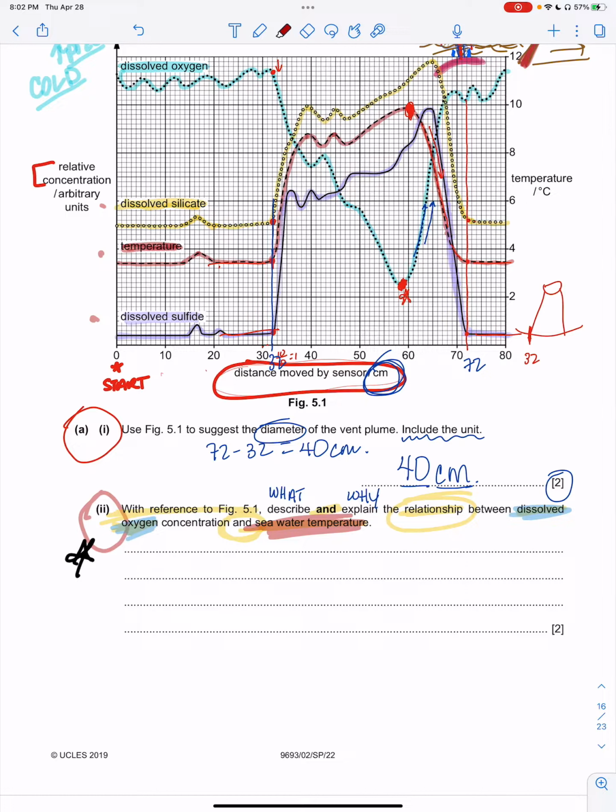I actually am trying to get used to when they're saying "with reference" now. In the previous syllabus, when they said with reference, you better be referencing data and bringing out an example. Mainly it would be, for example, it decreased this much as the temperature increased this amount, the oxygen went down this amount.